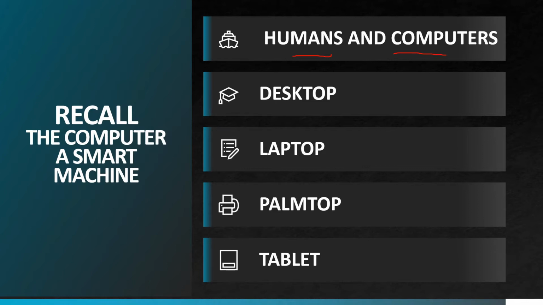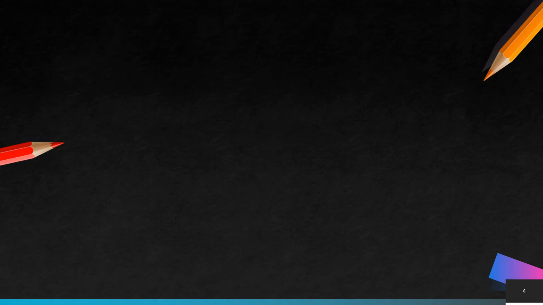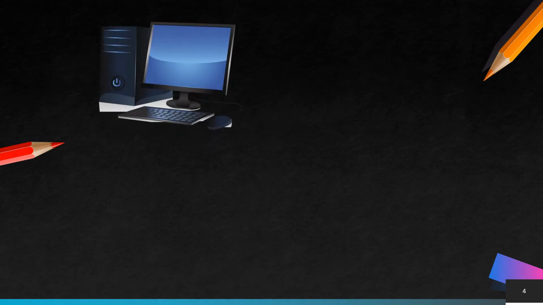And we have seen about 4 types of computers, right? What are they? Desktop, laptop, palm top, and tablet. So now tell me, what type of computer is this? Whether this is desktop or palm top or laptop, or what type it is?